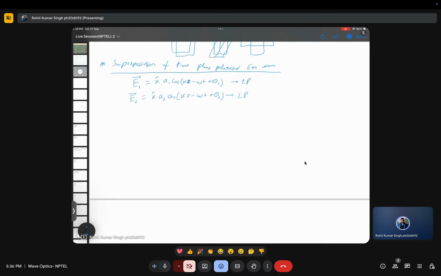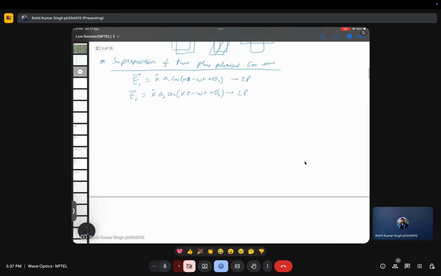So we are keeping it general. This is also linearly polarized, and if we superpose these two linearly polarized electromagnetic waves, the resultant vector will also be in the x direction, right? And given by this equation, and this theta is the phase of the resultant vector.